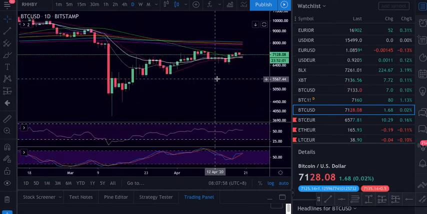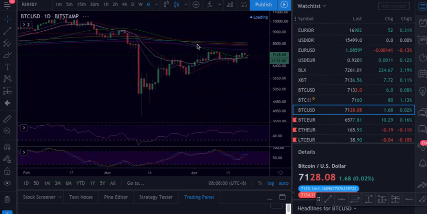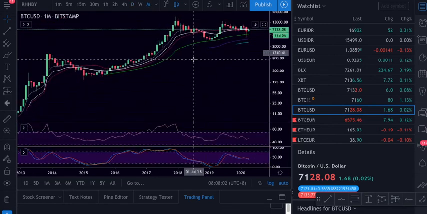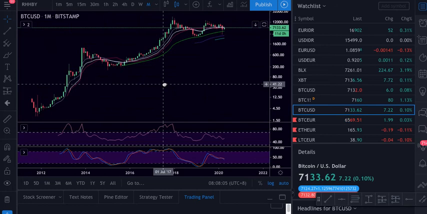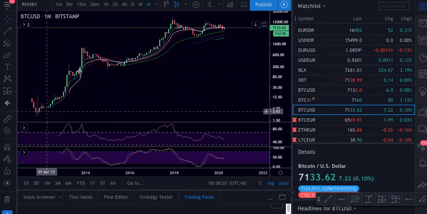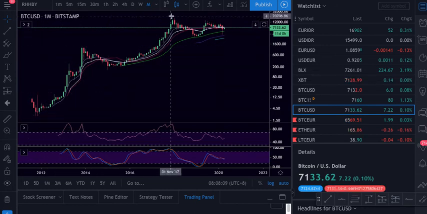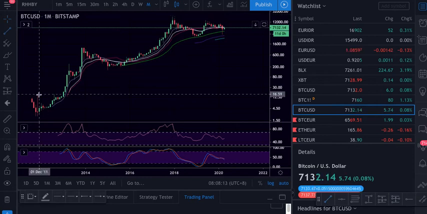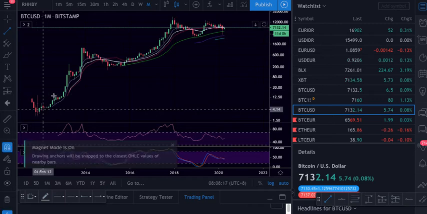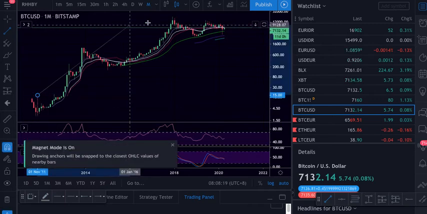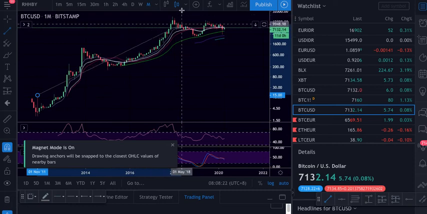Okay, so to do a monthly chart, we see Bitcoin. I want to draw lines from the past, to the tops and to the 20,000 tops. I can do this actually, I'll put the magnet. It's not from that top actually.